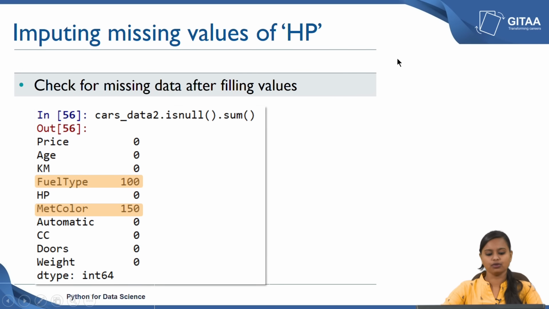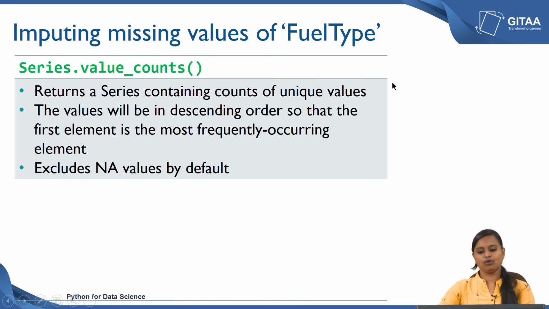Now, we are going to impute the missing values of the categorical variables. As I mentioned earlier, for any categorical variable, the simplest way to fill in the missing values is to check for the most frequently occurring category and then replace the missing values with that. For that we need to understand what categories there are under the fuel type, and we need to understand the corresponding frequencies as well.